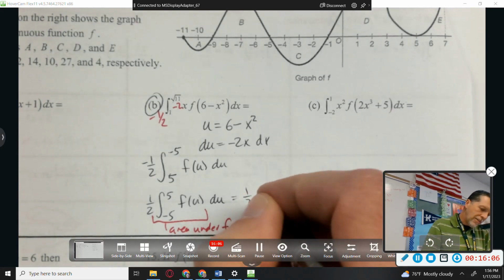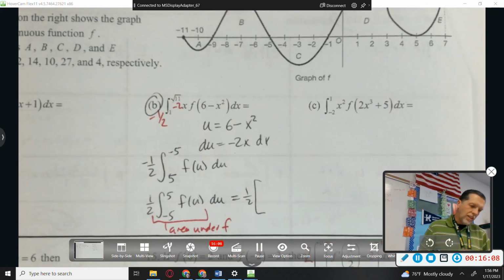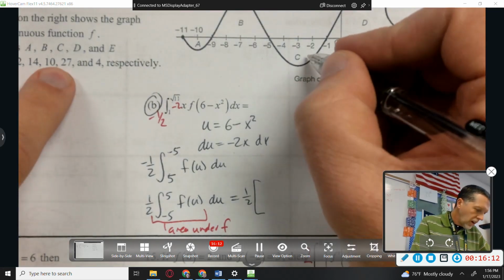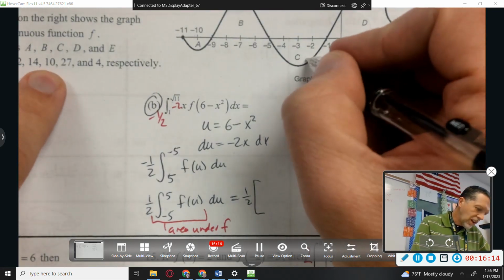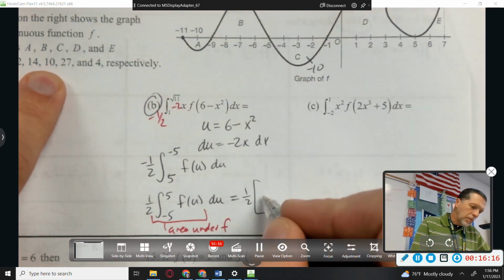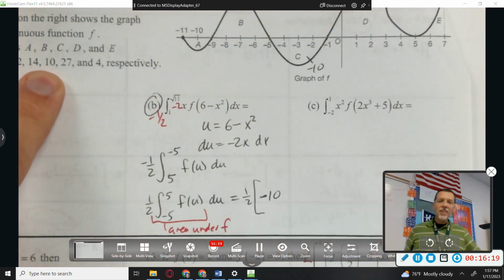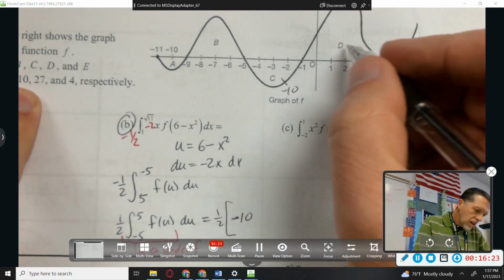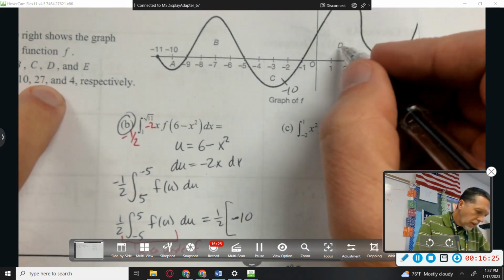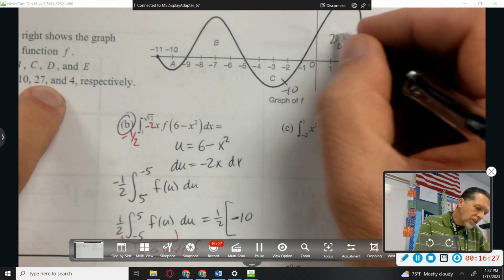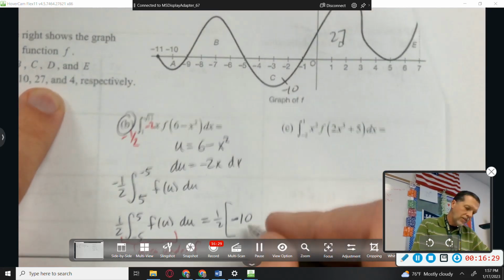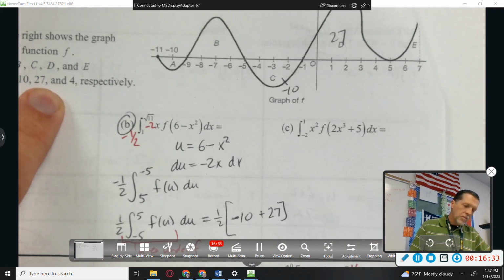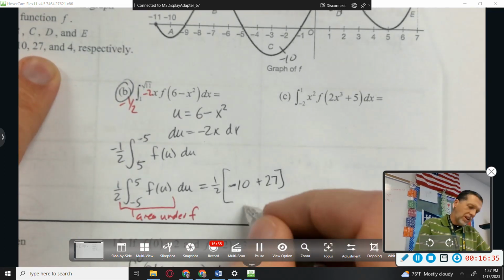So 1/2, and then -5 to 5. Let's just be careful here. Area C is 10, but it would be -10 because the area is 10. The integral is -10 because it's respective to the x-axis. Area D is 27. It's above, so it's positive. So my answer then is 17/2.